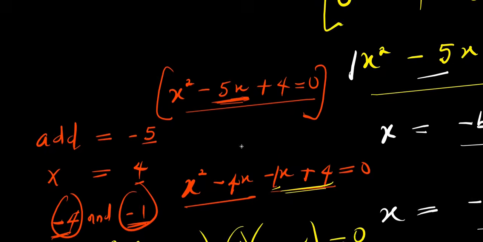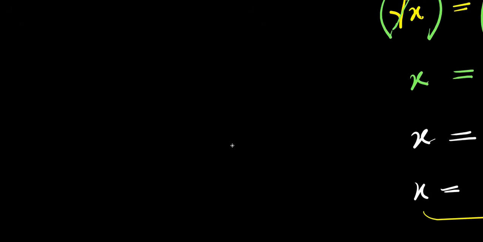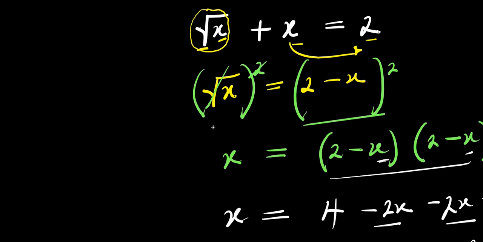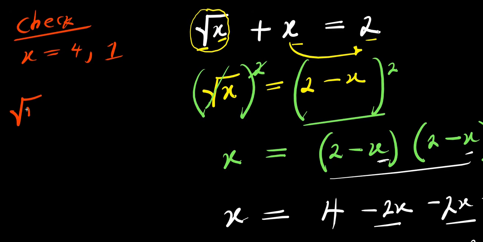Now what you can do again is to check. Let's check if these two values will satisfy the equation, x equals 4 and 1. If you start with 4, remember square root of x plus x equals 2.